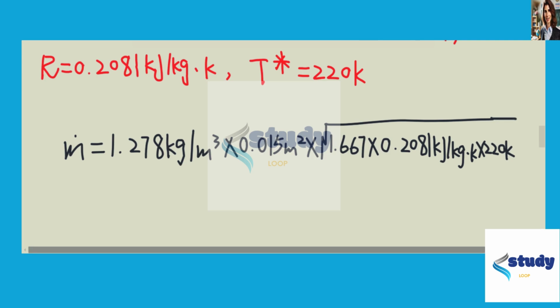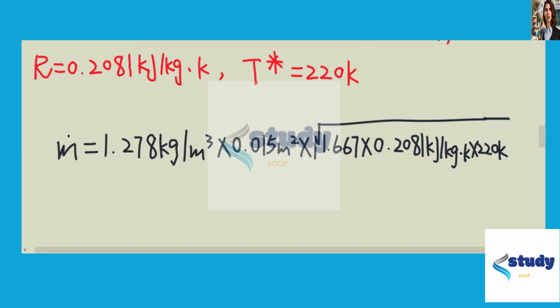And then don't forget to convert it to meter square per second square. So we have times 1,000 over 1, where the unit is meter square per second square, and the unit below it is 1 kilojoule per kilogram.